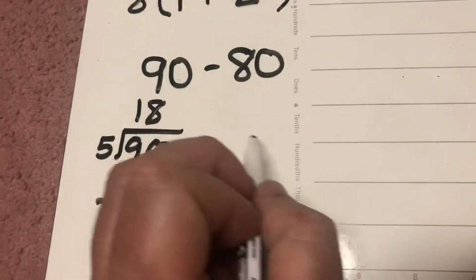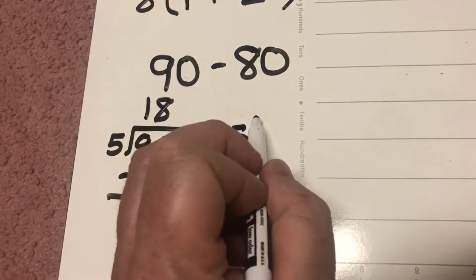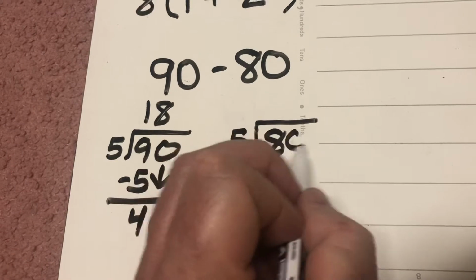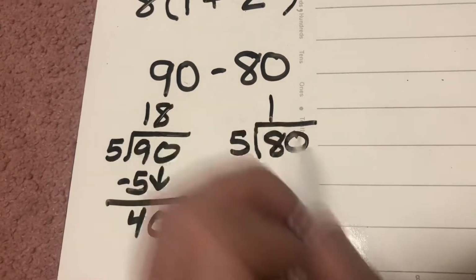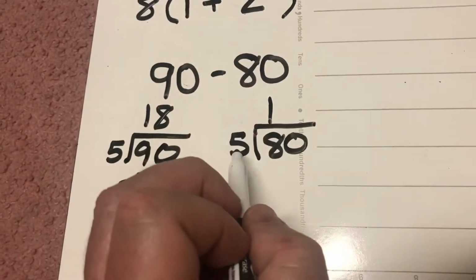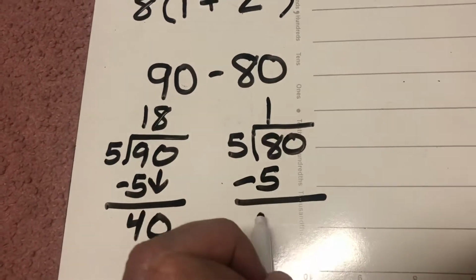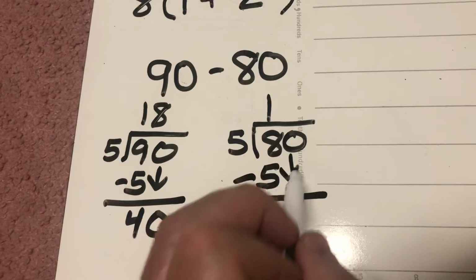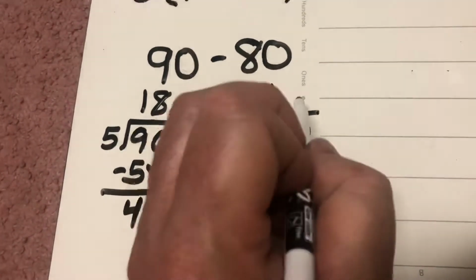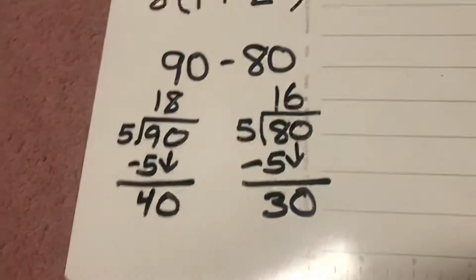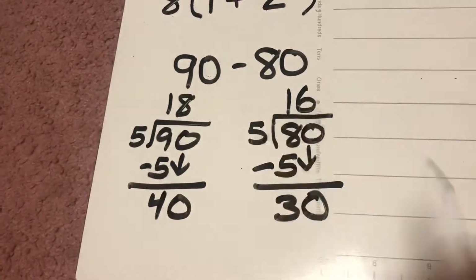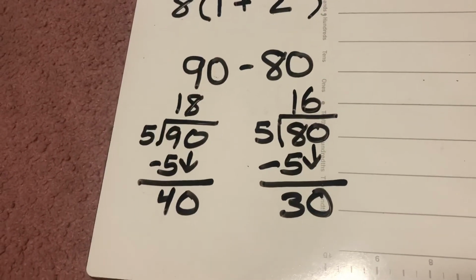And if I do the same thing, 5 going into 80, 5 can go into 8 one time. 1 times 5 is 5. 8 minus 5 is 3. Bring the 0 down. 5 can go into 30 6 times, and I know there's none left over because 5 times 6 is 30.